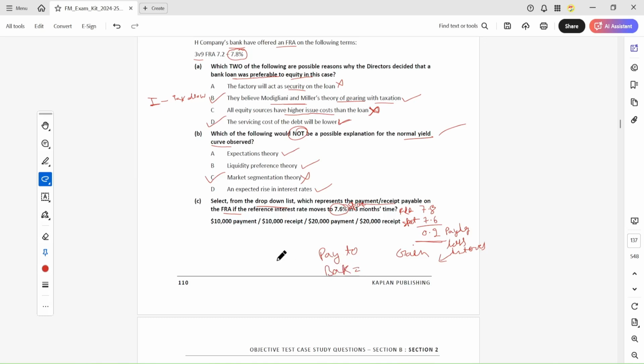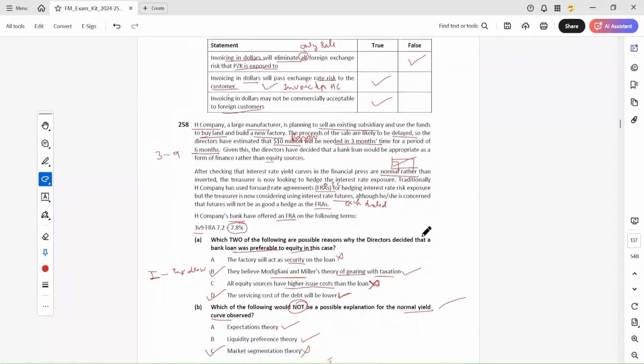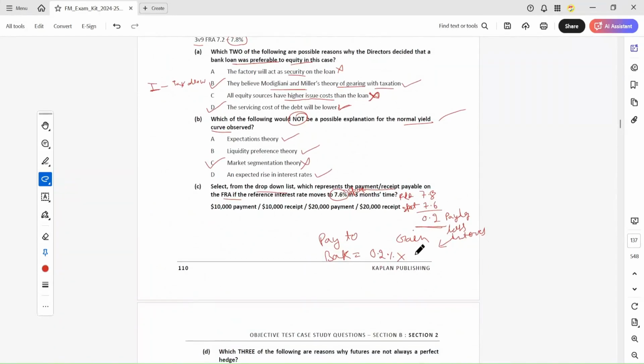How much will we pay to the bank? 0.2% multiplied by the amount we are borrowing, 10 million, for 3 months, right? Actually this is 6 months.